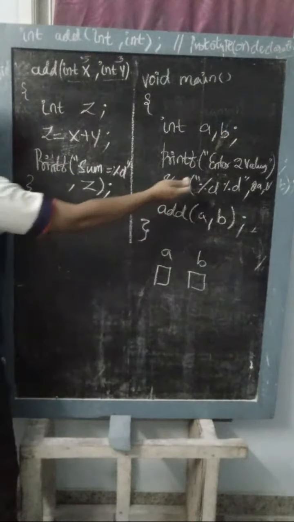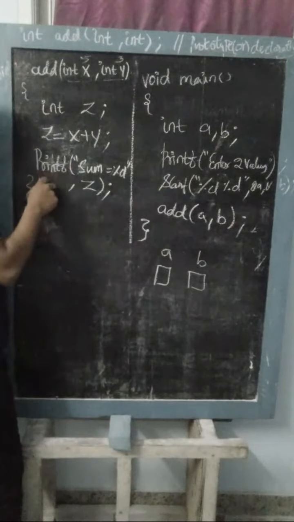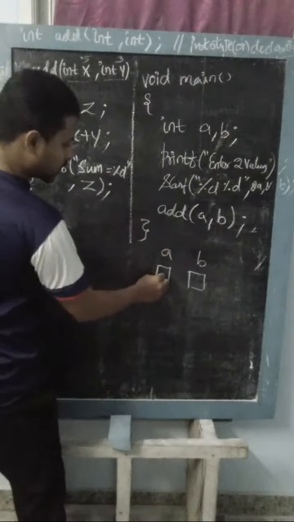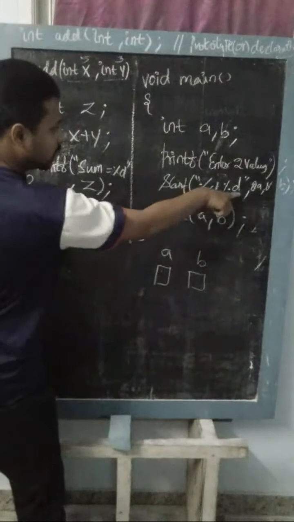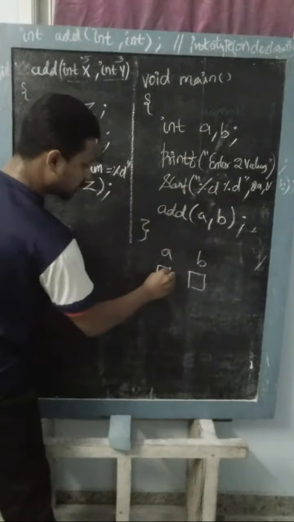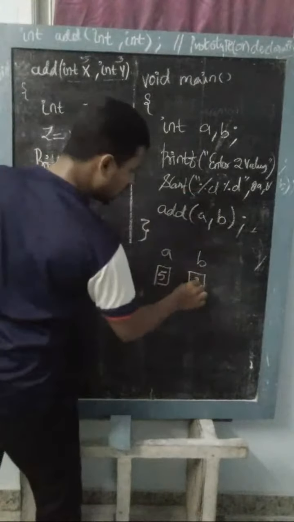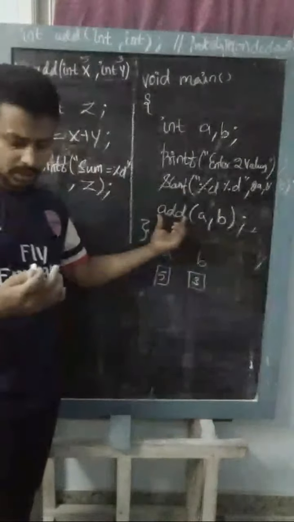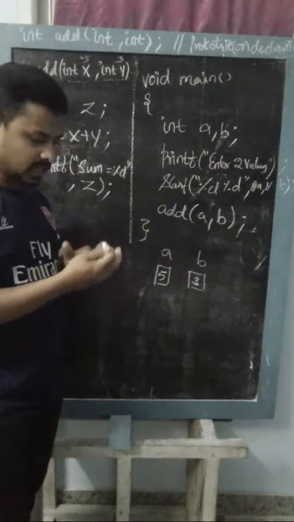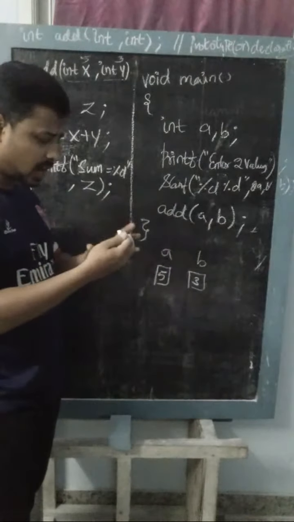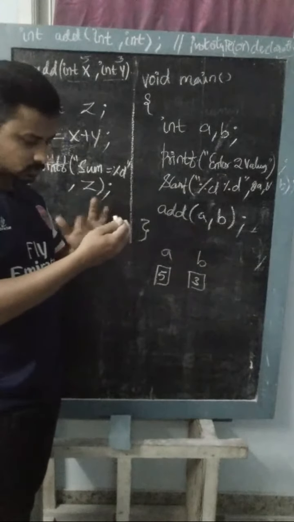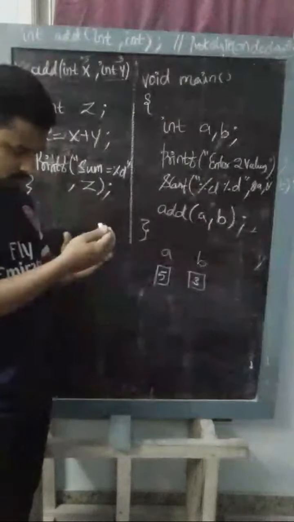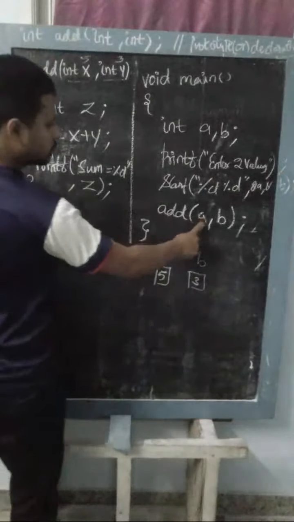Here the sum will be printed in the function statement. So for a, b we are getting the first value and second value, which will be stored, the first value in a and the second value in b, and we are calling the function. The function is called with a comma b. The function argument is a comma b.